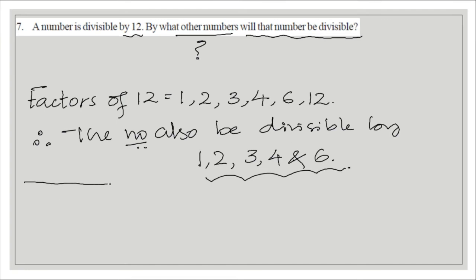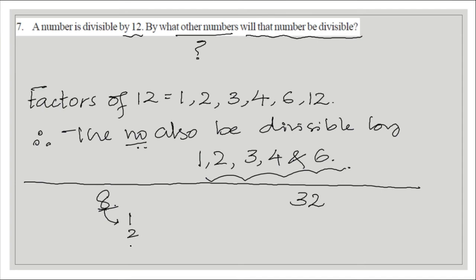I'll give one more example for that. Suppose if a number is divisible by 8, say I'll take, say 32 is divisible by 8. The factors of 8 are 1, 2, 4 and 8. All these numbers will divide 32.